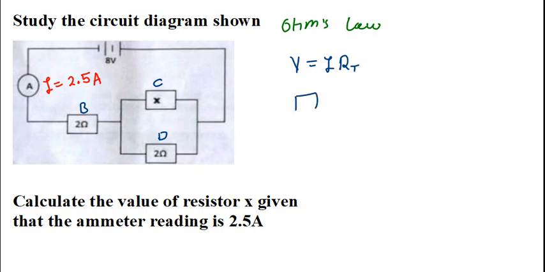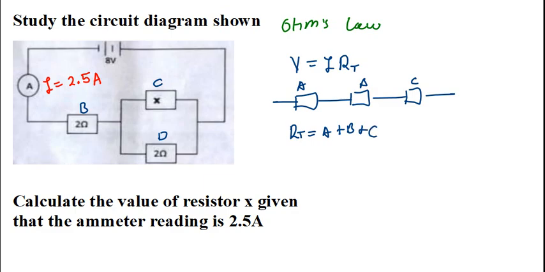Let's say you have three resistors, A, B, and C. If you want to find the equivalent resistance, which is the total resistance, you're just going to say it's A plus B plus C. But if you have resistors that are in parallel, in this case we have two resistors, but they can even be more.